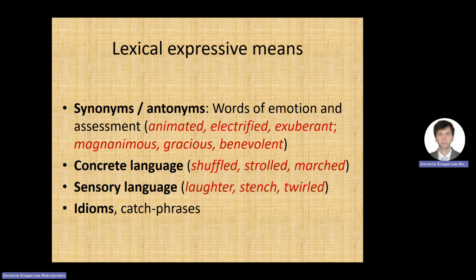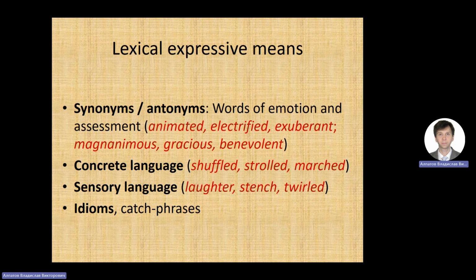One more subtype of lexical expressive means are the words of concrete language, which describe some concrete specific things. Why are they expressive? Because they usually carry with them some image. Thirdly, these are the imagery words per se, the imagery words as such.